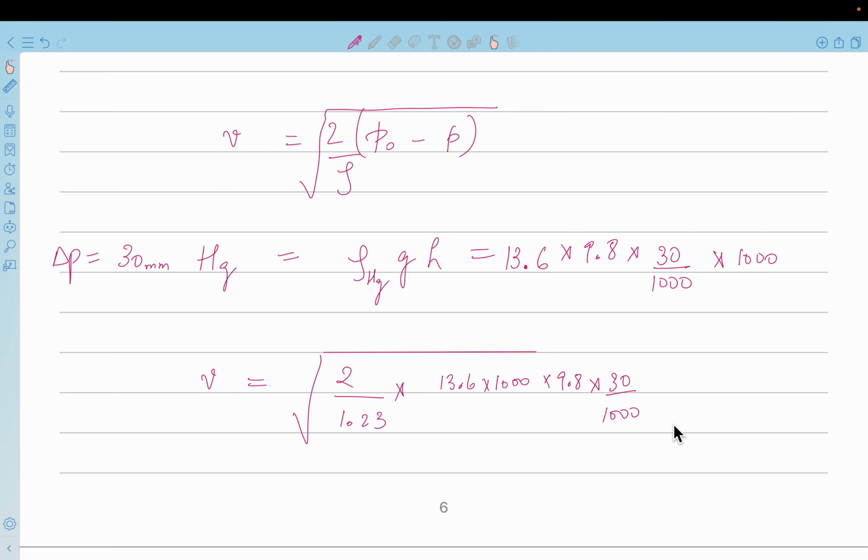Okay. So now what is your answer? Velocity? Yeah, 80.6 meters per second. That's correct. This is approximately like 4 kilopascal.